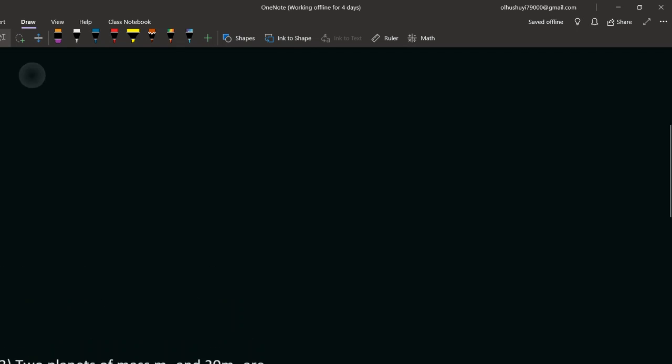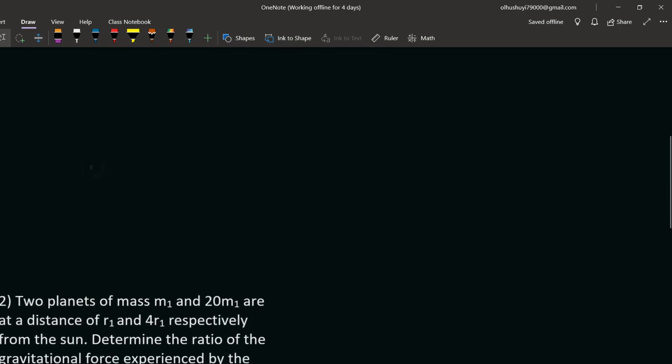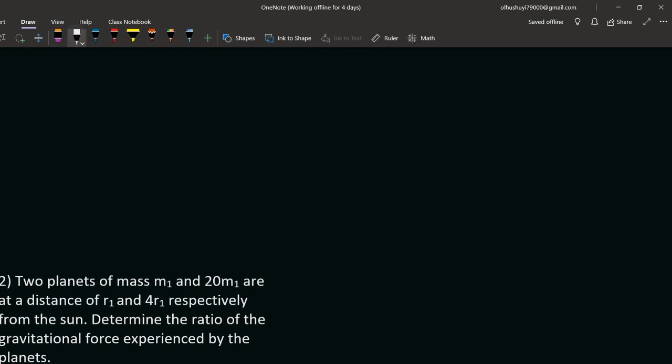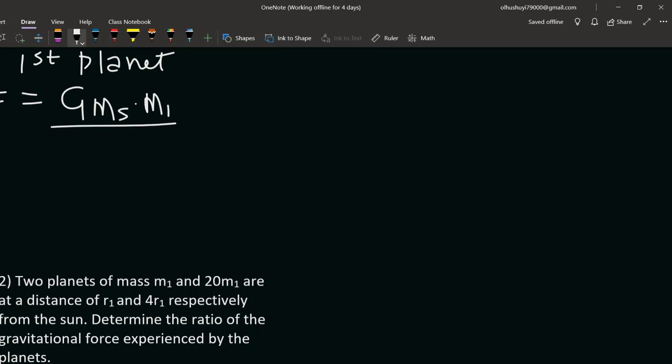The first planet, the force can be equal to G, our normal gravitational constant, then mass of the sun times mass m1 over r1 squared.